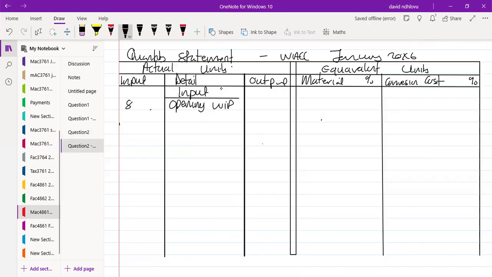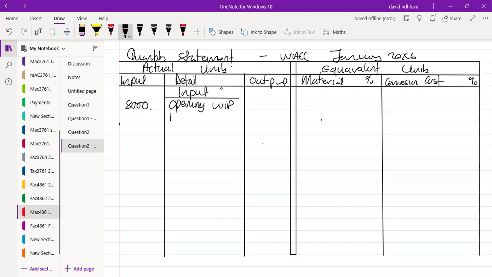These go to your input. What also goes into your input will be the units that you introduced in the current period. When we say units introduced in the current period, we're saying the material that you put in the current period was for how many units.